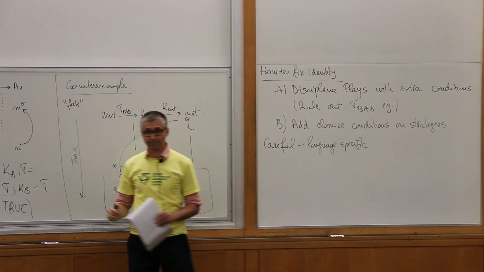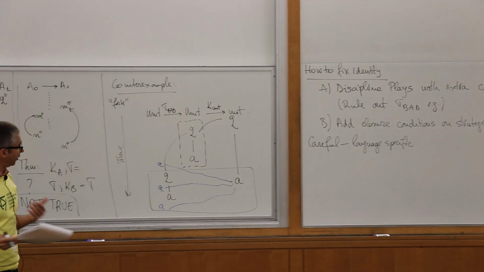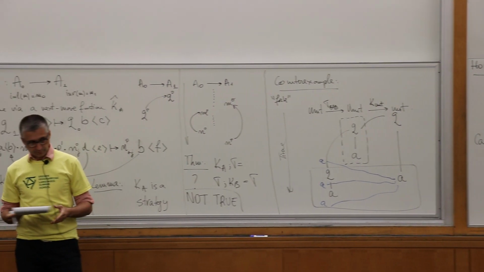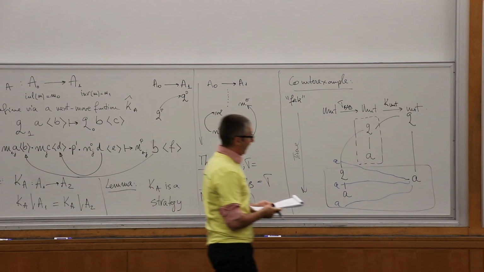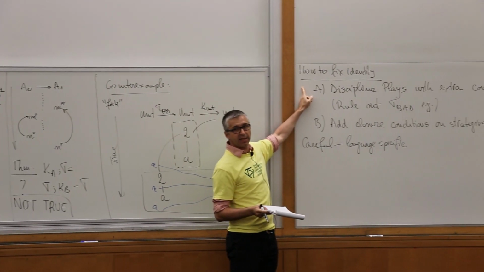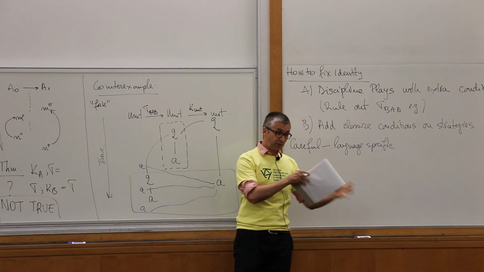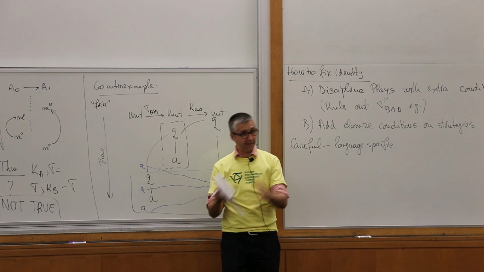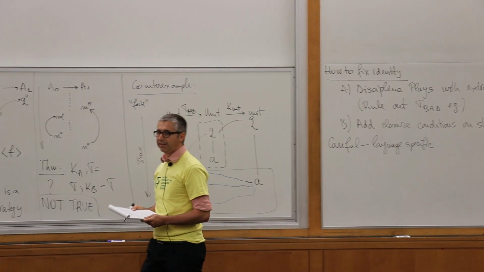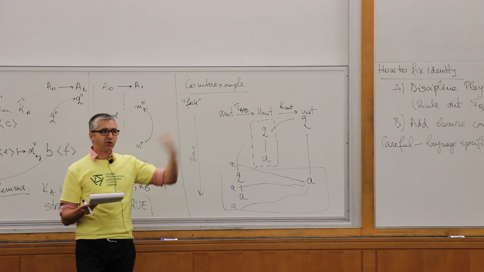language specific. For example, if you want to model a sequential language, then it is common to add PO alternation as an extra rule here. So first the opponent, then the player, then the opponent, so they have to take turns precisely. And that's exactly how a sequential term will interact with its context.